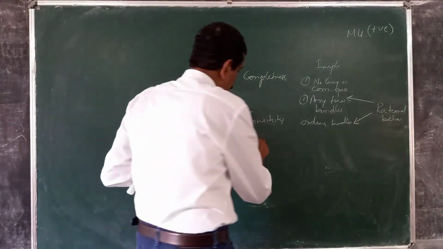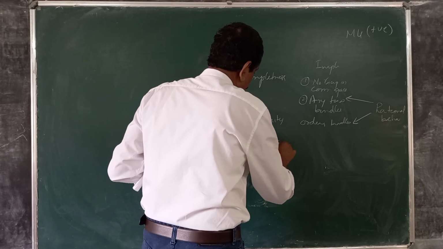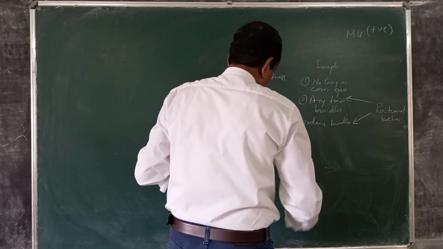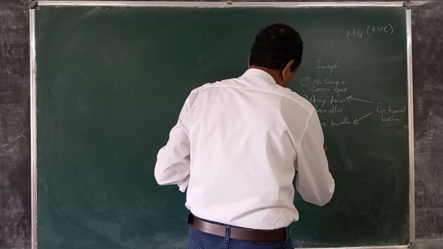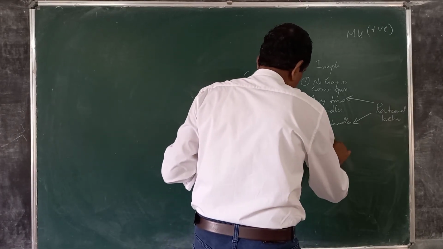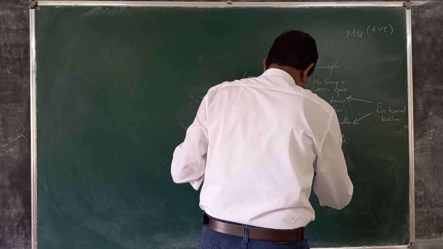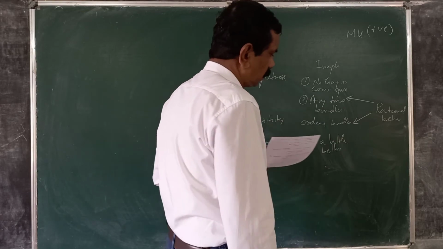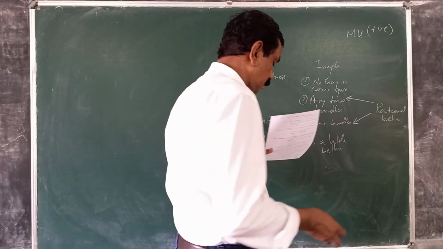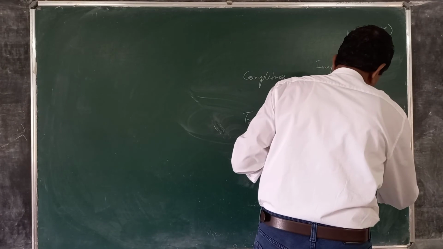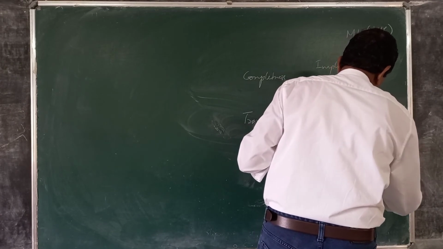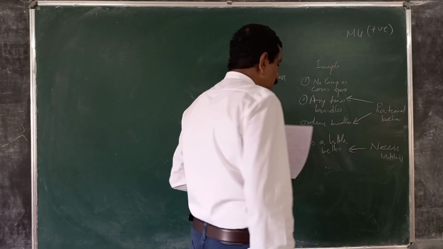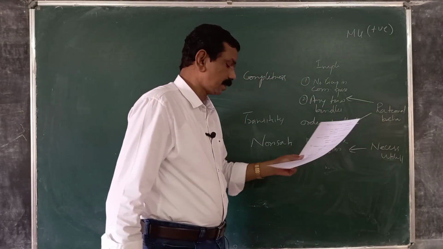Then the third one is non-saturation. Its implication is households can always do a little better by consuming more of at least one commodity, and it is necessary for utility maximization.